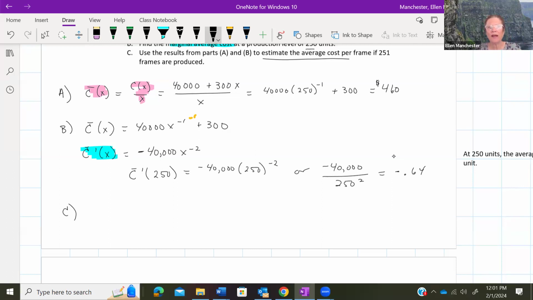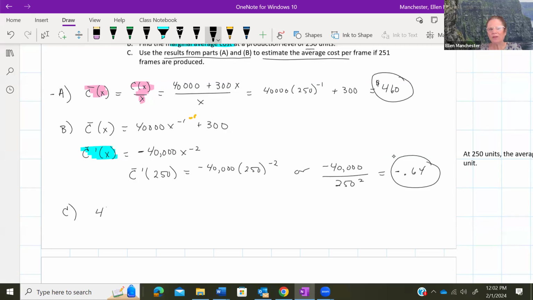So we could do that here. But see how it says use the results from A and B? So I'm looking at this 460 and this negative 0.64. This is the average cost at 250. This is how the average cost is changing at 250 units. So if I'm estimating, I'm making a good guess.